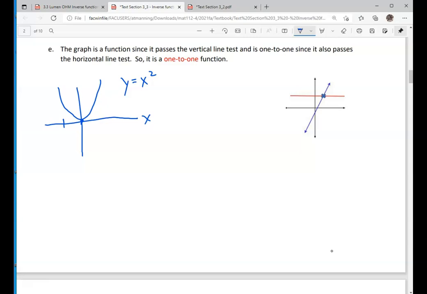How about this one? y equals x cubed. Do you think that's one-to-one? Well, we could do the graph. Go to my favorite place and do the graph, GeoGebra.com.